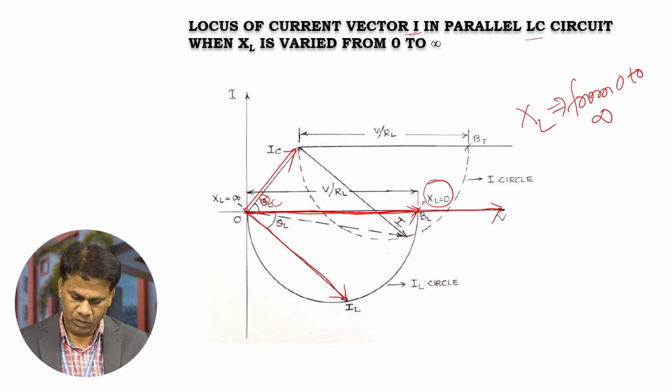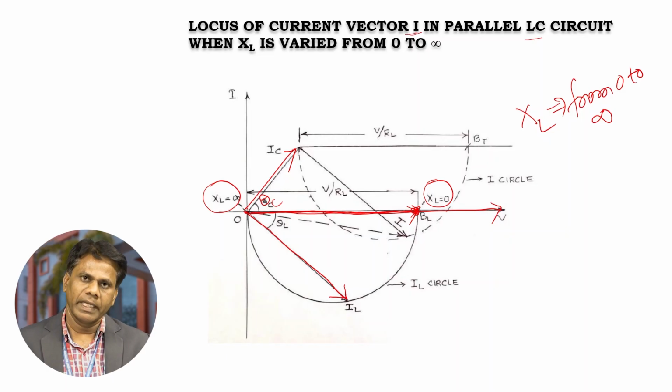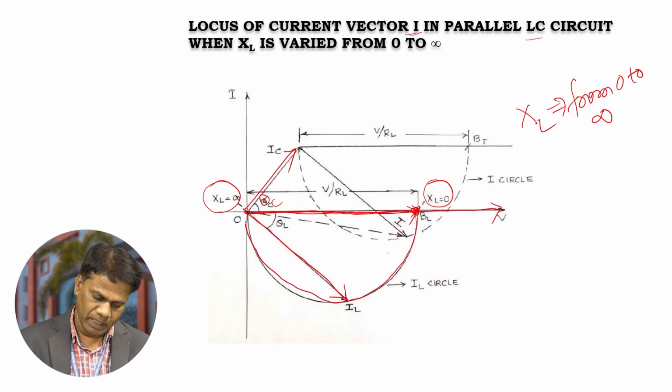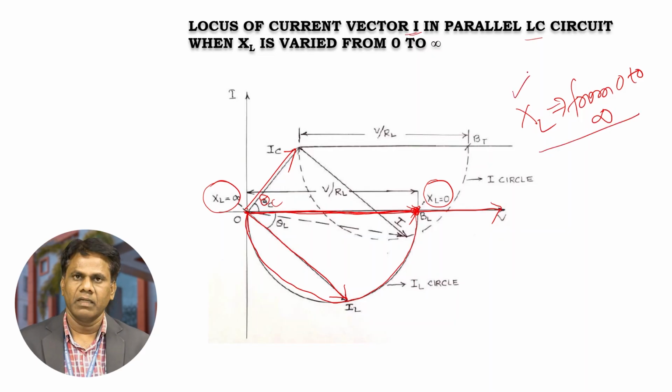From 0, this is the 0 value of XL, and this is infinity. As XL goes from 0 to infinity, the current vector traces a path with its tip.